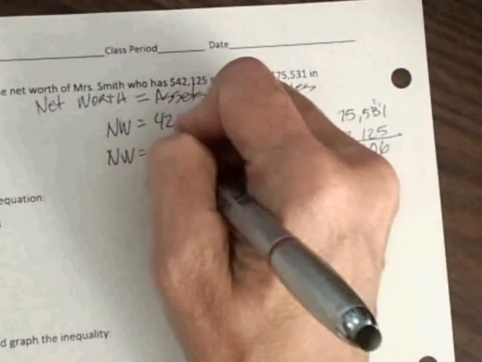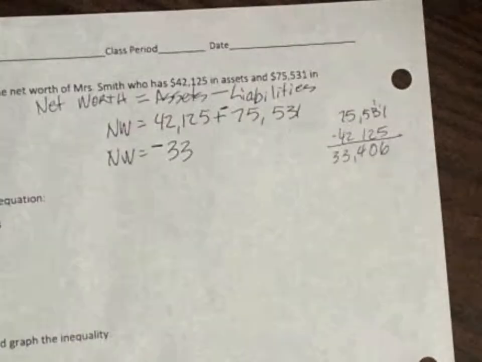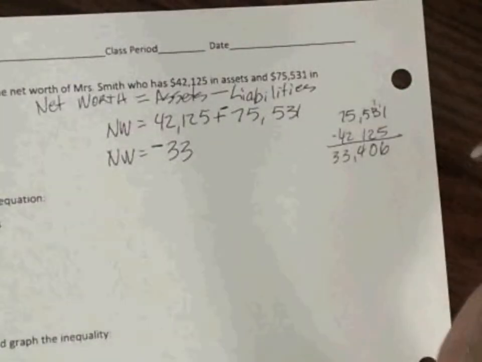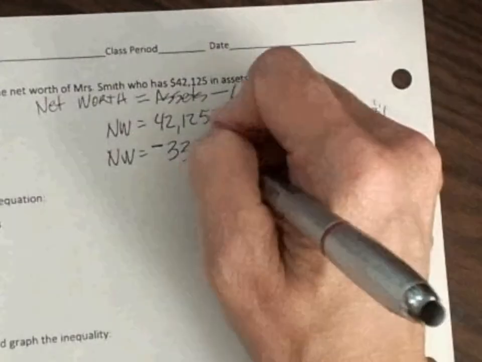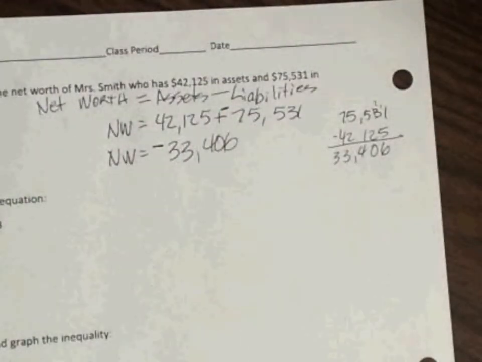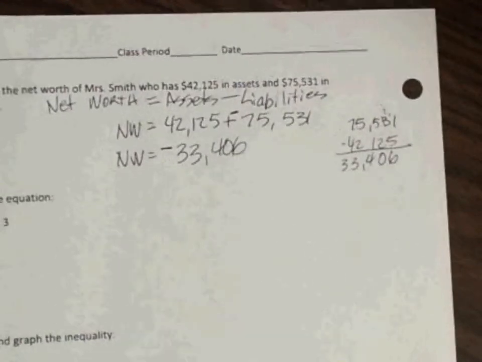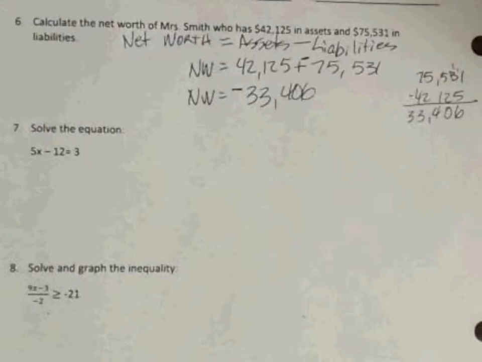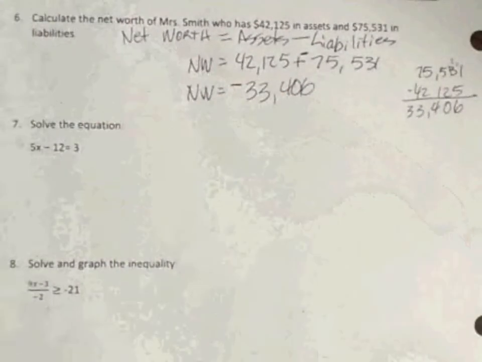So, Mrs. Smith's net worth is negative $33,406. Okay, so now we're going to go down to solving equations, and I'm going to solve this one.